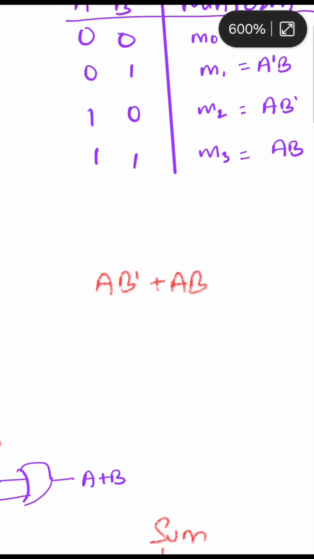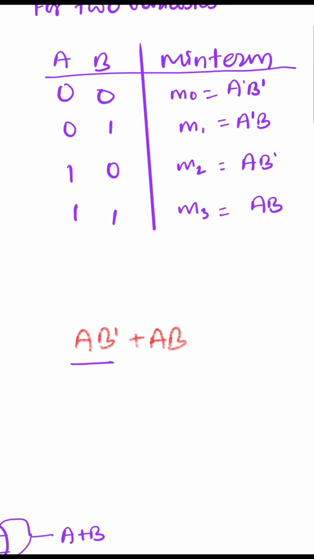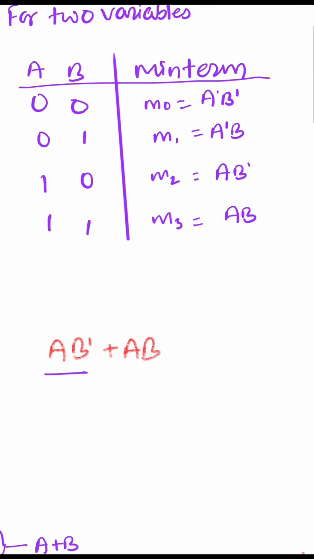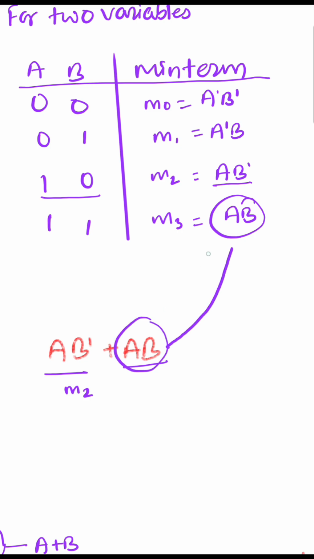So there is AB complement. Where can we find AB complement? Here, and the corresponding value is 1 0. 1 0 means M2. Similarly, there is AB. Here you can see AB, and the corresponding minterm is M3.